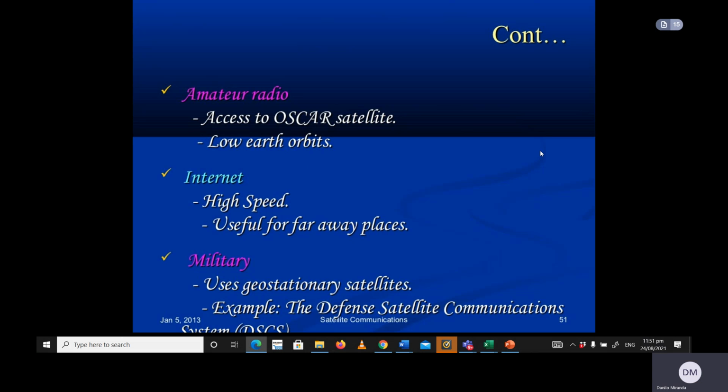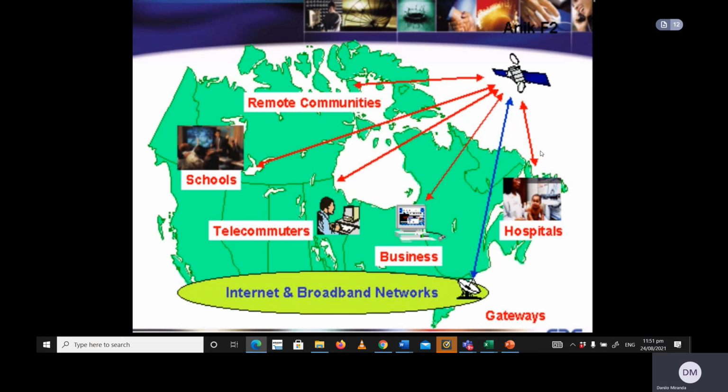And for internet, high speed, for broadband, network gateways. Ito yung mga cloud na sinasabi natin. The cloud consists of satellites.